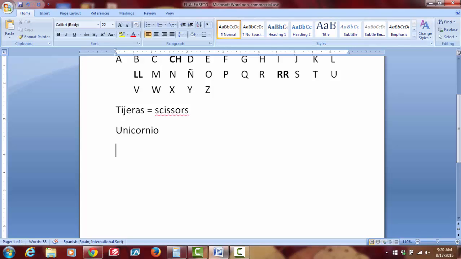Okay, the letter V. All right, the V and the B in Spanish, they're both the same, ve and ve. You learned that in the last lesson, ve larga, ve chica.